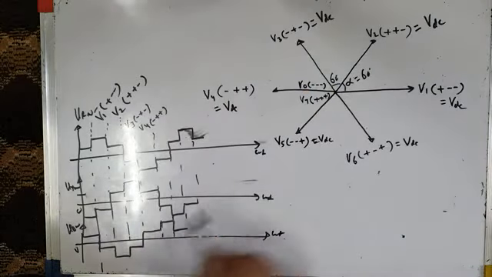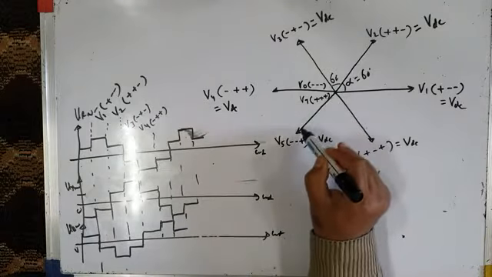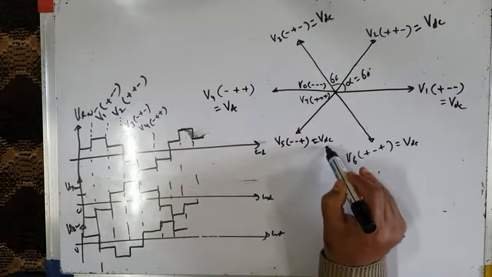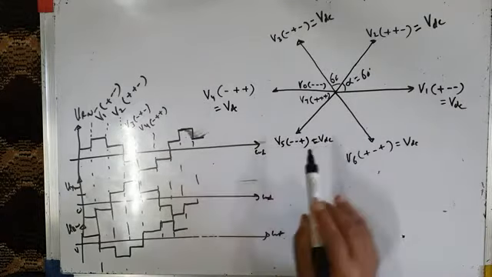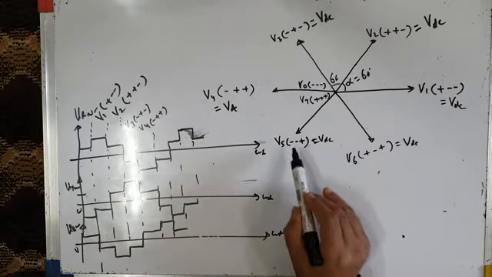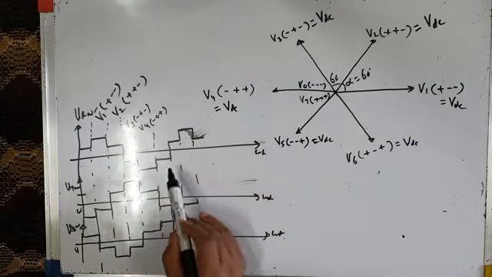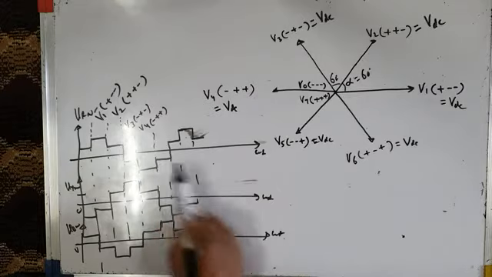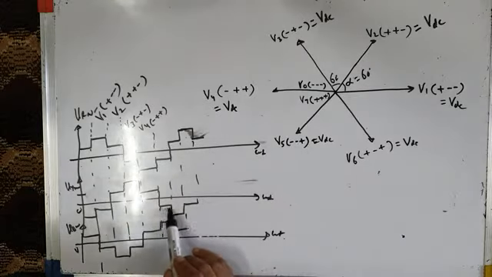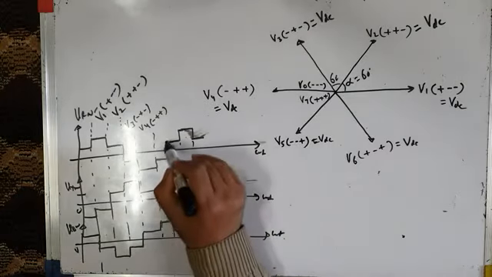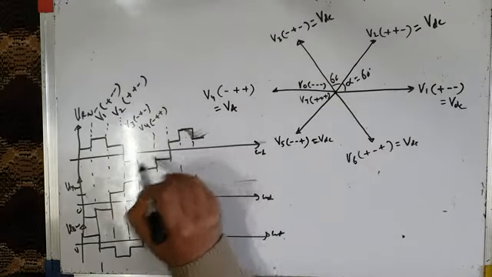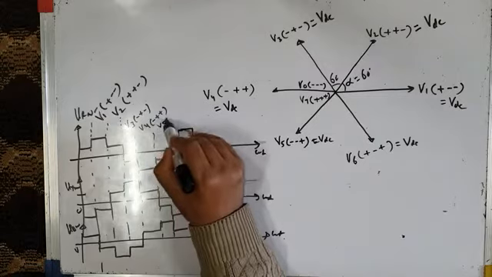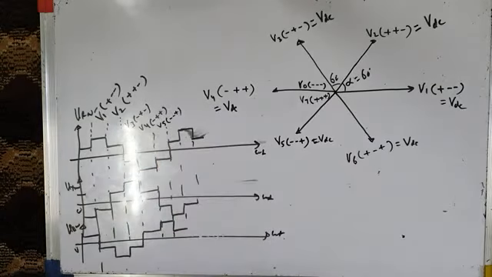And after the 60-degree interval, the new voltage vector V5 gets applied across the load, whose length is again VDC, and which gives phase voltages VRN negative, VYN also negative, while VBN is maximum positive. So this voltage vector will be there for another 60 degrees. So V5 is minus minus plus.